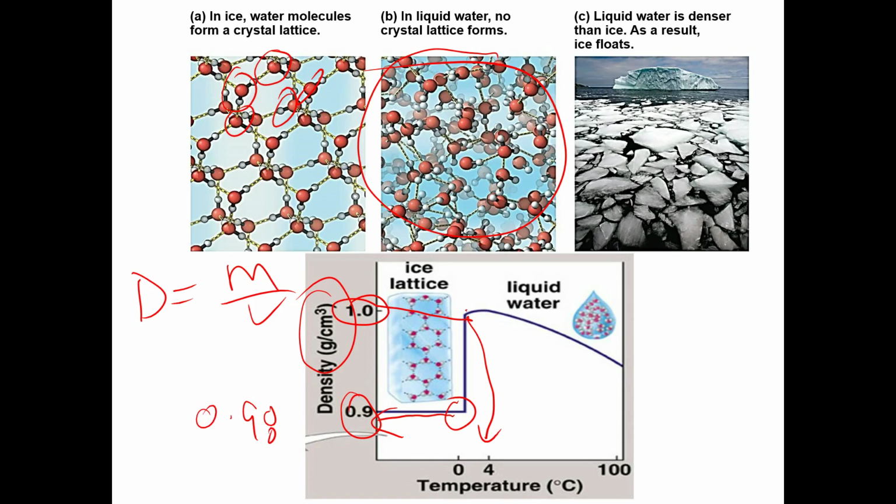Even though you have this small difference between 0.9 and 1, it's enough so that ice floats in water. And it all has to do with the symmetry, the arrangement of individual molecules of water as a liquid and as a solid, which is all tied in with the ability of water to form hydrogen bonds.